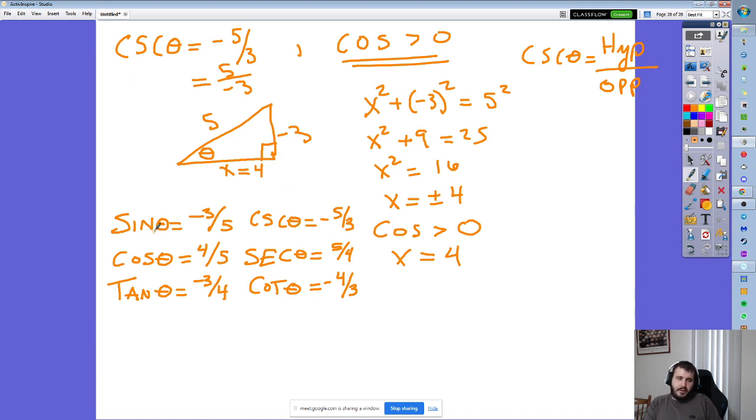But for your final answer, you need to tell me sine, cosine, tangent, secant, and cotangent. But I just write all 6 so that I don't forget any. I'm the type of person where if I leave off the one that was given, I'm going to be forgetful. So I always write down all 6 just so I can be sure that what I did is exactly what needs to be done. Okay?